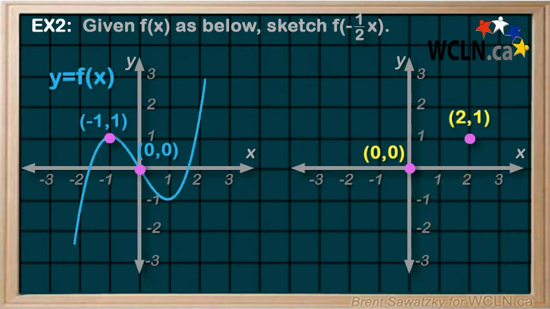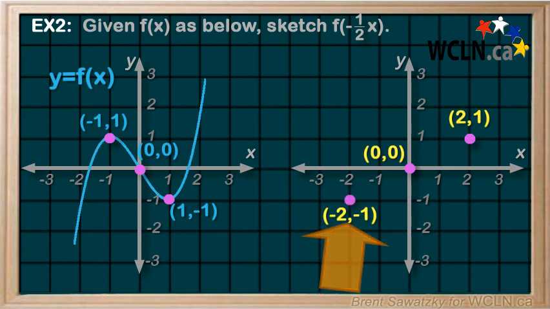And that's expected, remembering that in a horizontal expansion or compression, the y-intercepts stay the same. And we have one more point that we'll plot here. How about this local minimum? 1, -1. Again, the y value stays the same, and we expand the x value. 1 times -2 is -2. So our new point is -2, -1, right here.